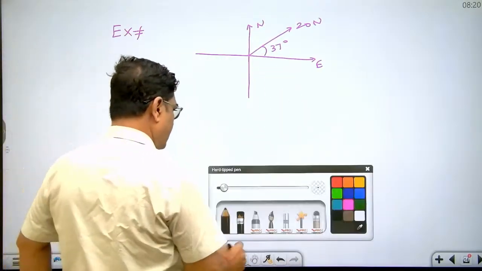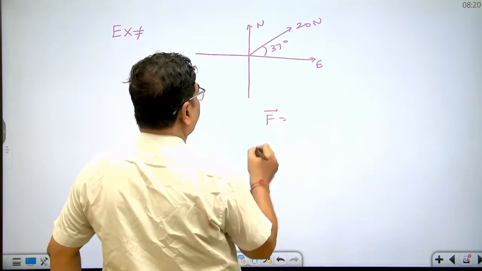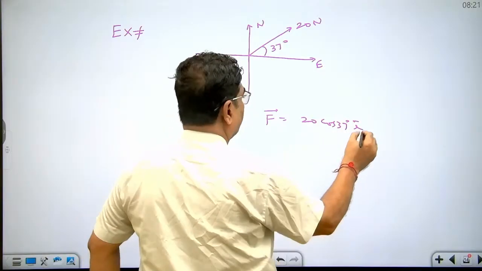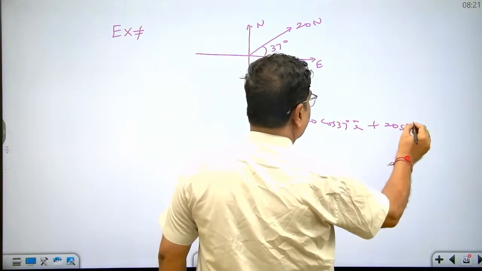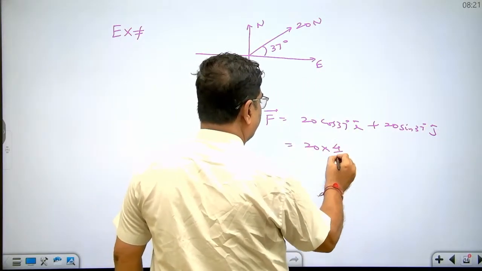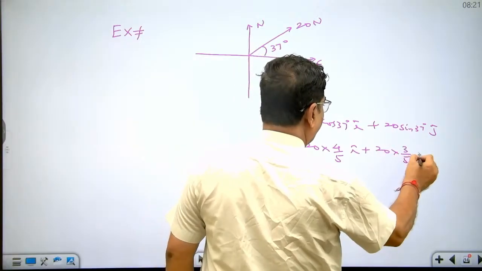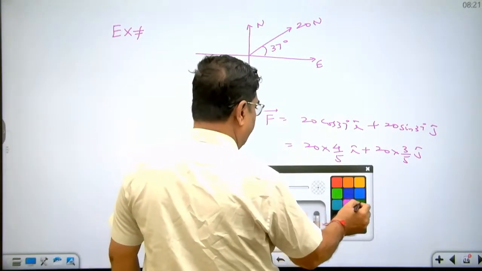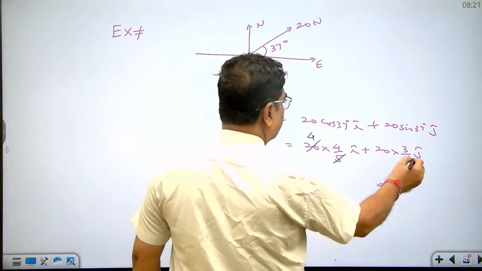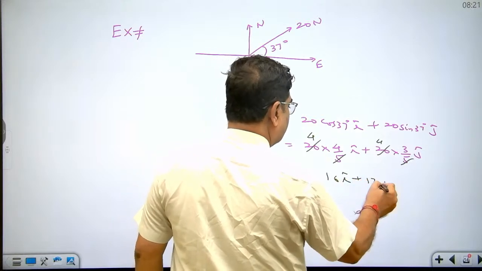Okay, very simple. Dear student, first make the vector components and write the equation of the force vector. This is 20 cos 37 degree i cap plus 20 sin 37 degree j cap. Dear student, cos 37 degree is 4 upon 5 and sin 37 degree is 3 upon 5. So after solving this, this cancels by 4, this cancels by 4, 4 into 4, 16 i cap plus 12 j cap.